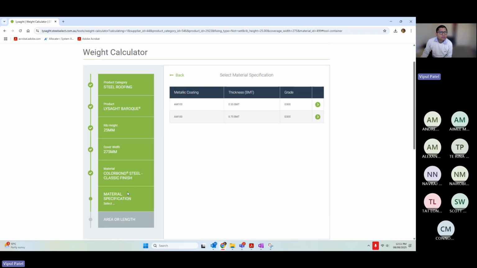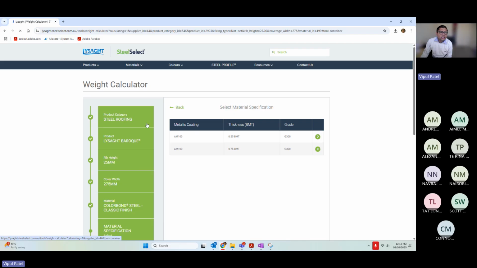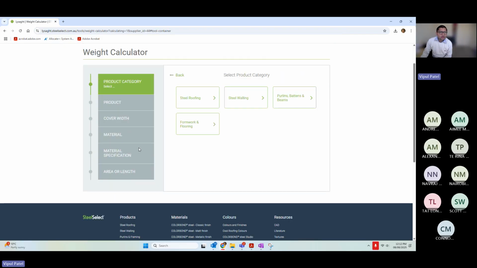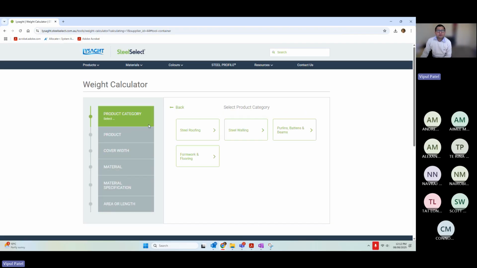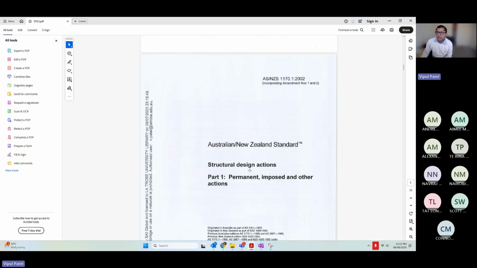Generally they provide the weight, but in our examples, we will provide you those details. But I generally prefer to use Australian standards. And as I said, if you use Australian standards, there will not be any compromise.